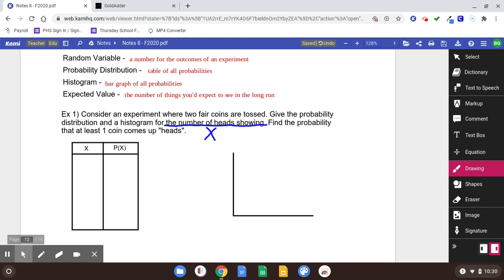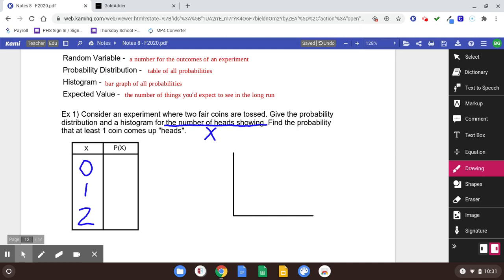So think about x. X is going to take on a number, the number of heads showing. If we flip 2 coins, think about how many heads can possibly show up. Well, you might have 0 heads showing up, or maybe just one of them is heads, or maybe both of them are heads. So x is the random variable for this problem, and it can take on values of either 0, 1, or 2. That's very important.